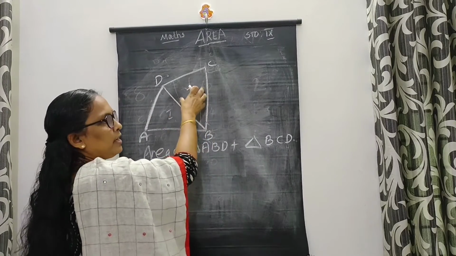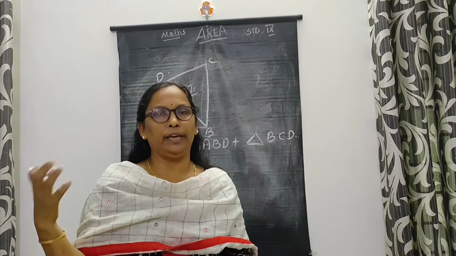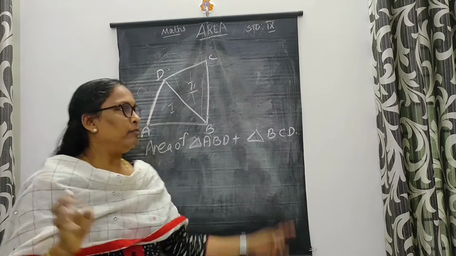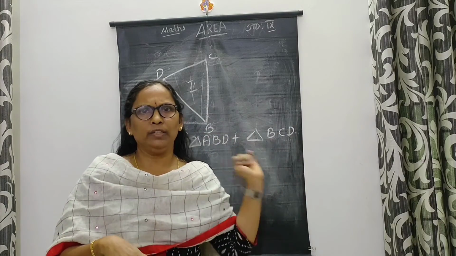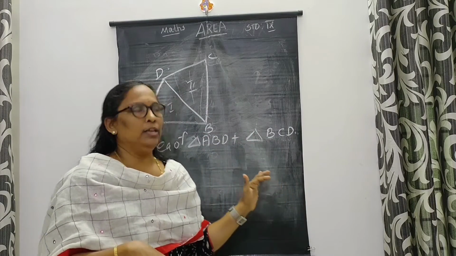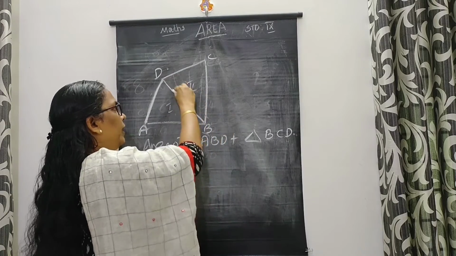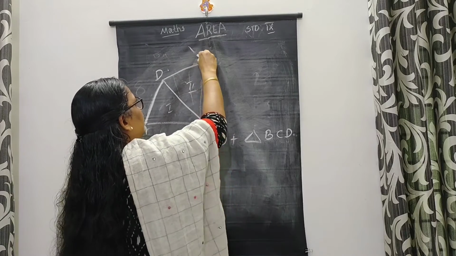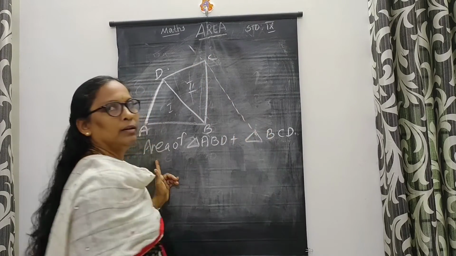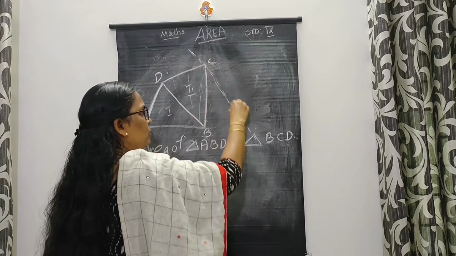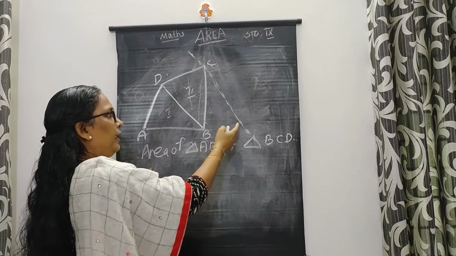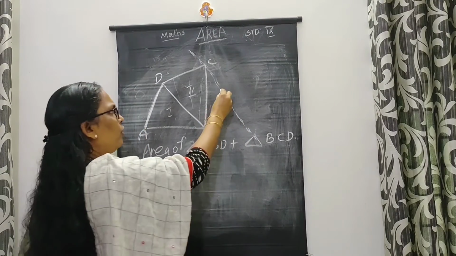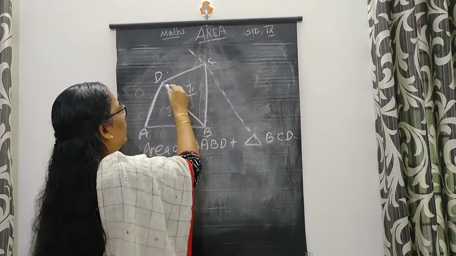How do we change this triangle into another triangle with the same area? That we have already studied. We can take BD as the base and draw a parallel line through C, and we can take any point on this parallel line as the third vertex.